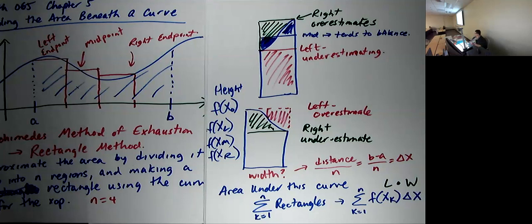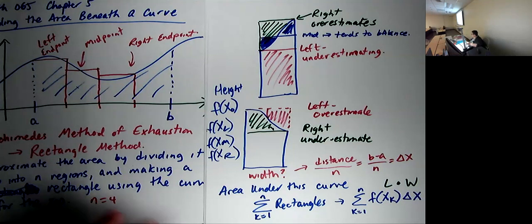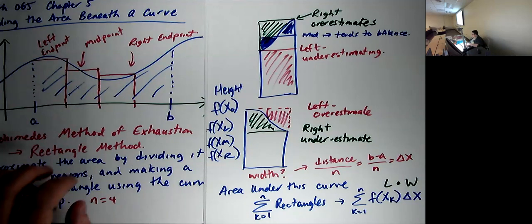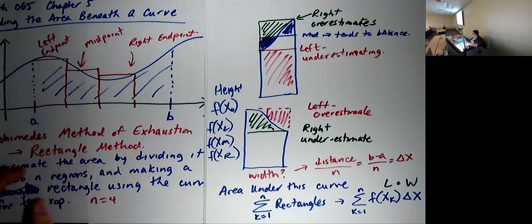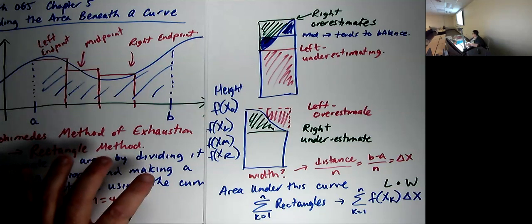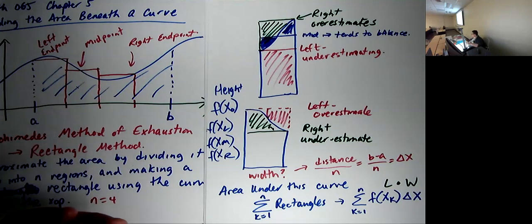The big takeaway right now, I got a little ahead of myself on this delta x and using the formula. We will use it later. You don't need it for this chapter 5.1. But the idea is, this is what we're doing with the rectangles. Does it make sense to try to find the area like this? If you don't have any other way of doing it, like we know they have a formula for the area of a rectangle, break it up into rectangles.